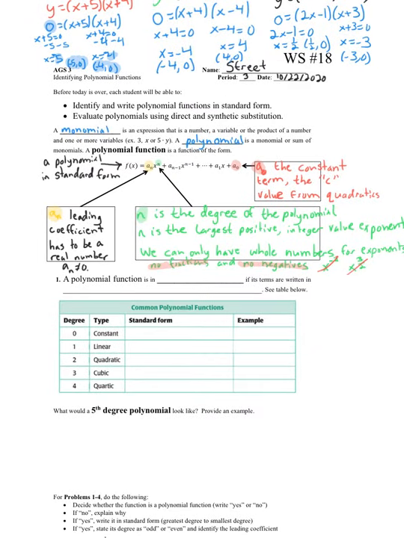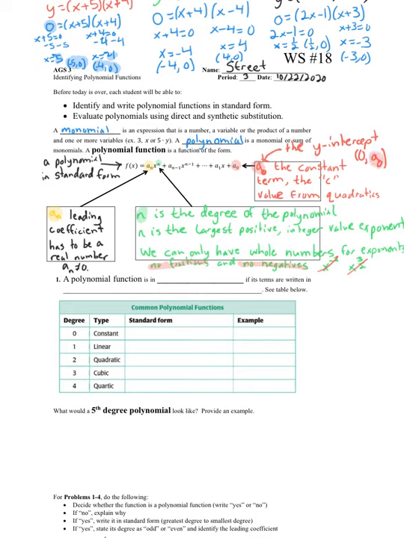Okay. And that last number, the a sub 0, the constant term, or the c value from quadratics, that actually is an important number for us. It represents the y-intercept. Zero comma a sub 0 is going to be our y-intercept every time.